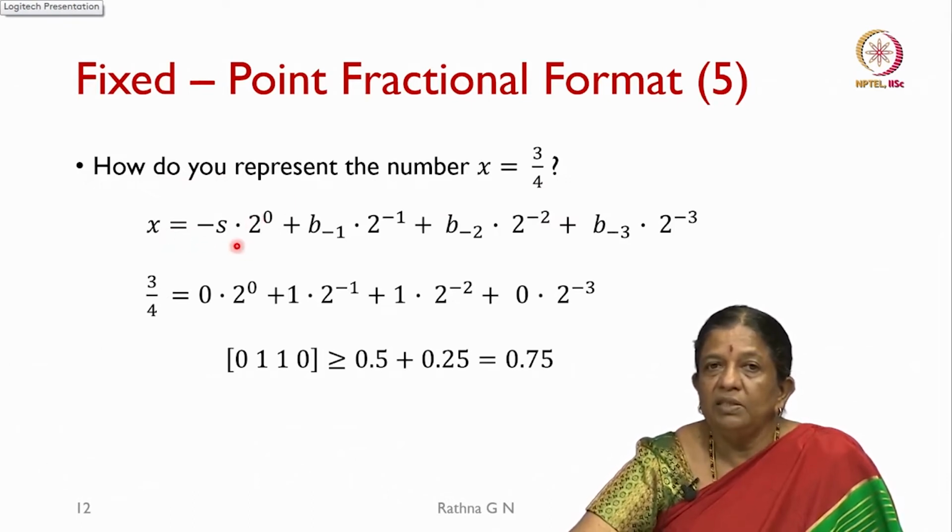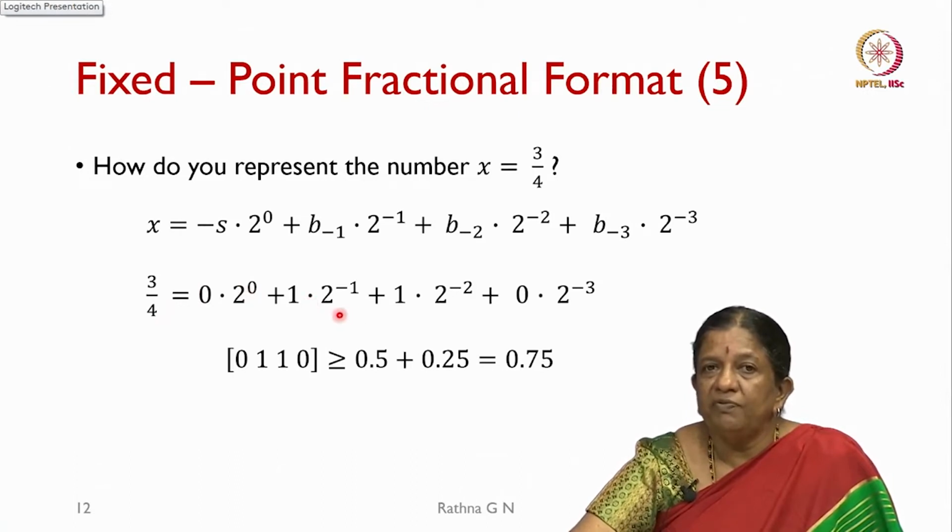We know minus s into 2 power 0, this is the representation we are considering for the fractional format, and then we substitute 3 by 4 which is equal to 0 into 2 power 0 plus 1 into 2 power minus 1, which is nothing but 0.5, and the next is plus 1 into 2 power minus 2, which is 0.25. We all know that 3 by 4 in the fractional representation is 0.75.